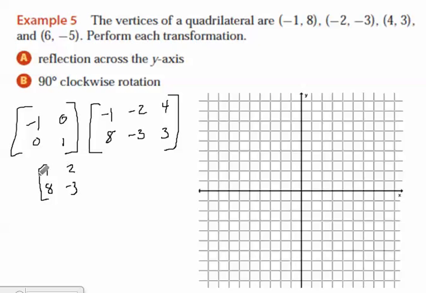I'm supposed to have been adding those. Sorry. Try again. -1 plus 8 would be a 7. -2 plus a -3 would be a -5. -4 plus 3 would be a -1. Okay? 8, -3, 3. We just reflected it across the y-axis.